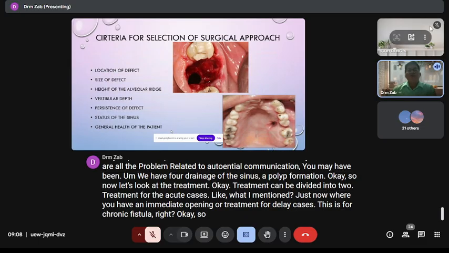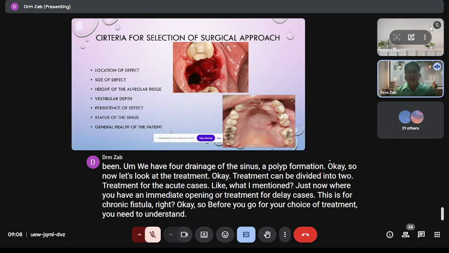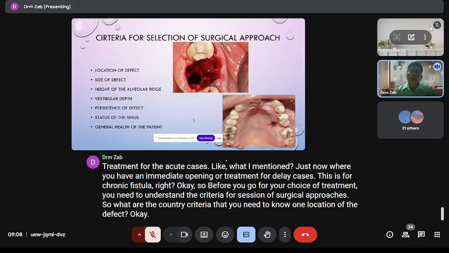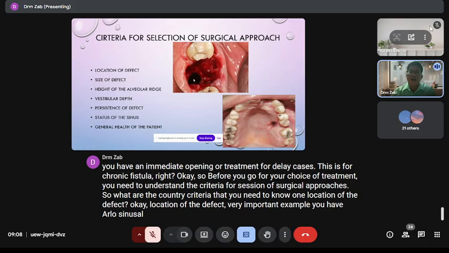So before you go for your choice of treatment, you need to understand the criteria for selection of surgical approaches. So what are the criteria that you need to know? One, location of the defect. Okay, location of the defect is very important.